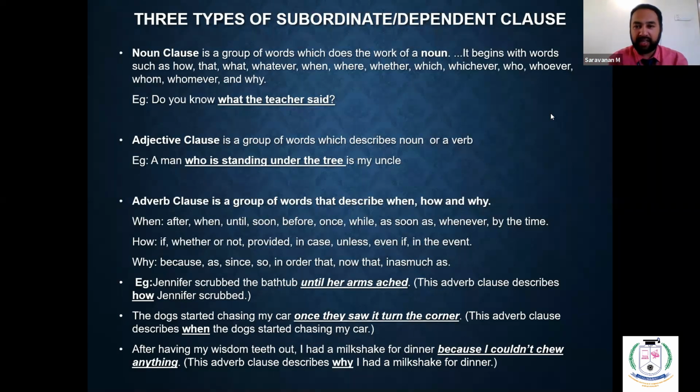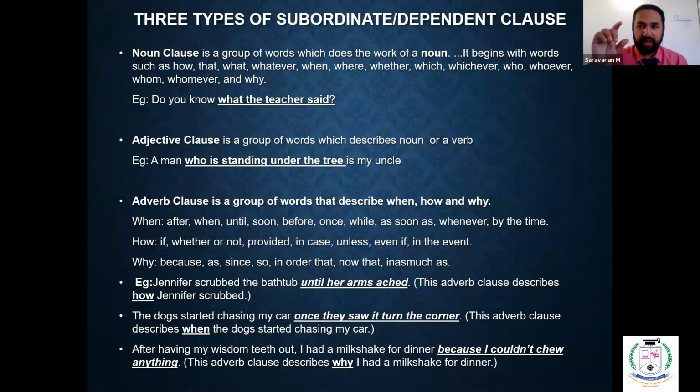See here, a man who's standing under the tree, not nearby the tree or this side or that side, is my uncle. So I am explaining about that particular man, giving more information about him. An adjective is something that qualifies a noun or gives more information about the noun.